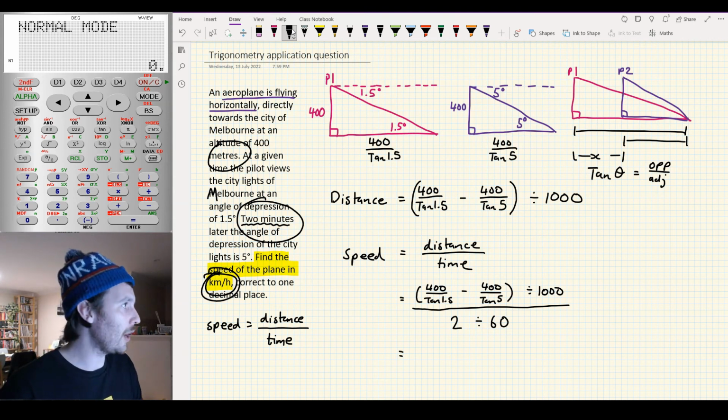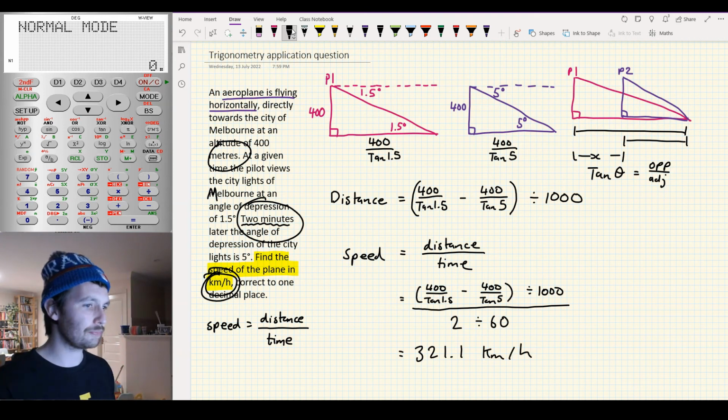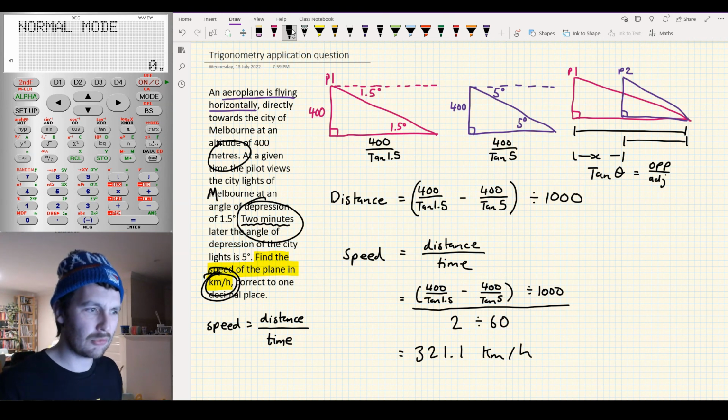That would take me a little while to punch into the calculator, so I'm just going to do a quick spoiler alert and say that's 321.1 kilometers per hour. Worded questions usually get a worded answer, so I've probably got enough space to write this underneath.